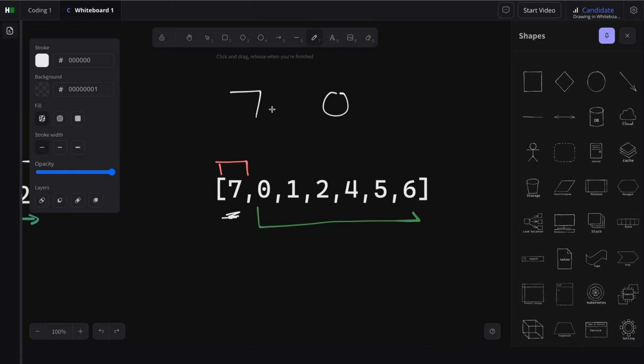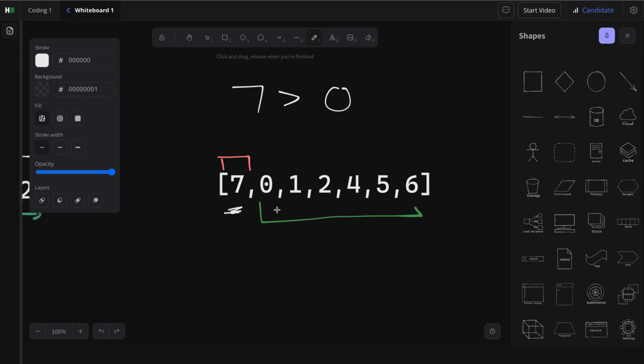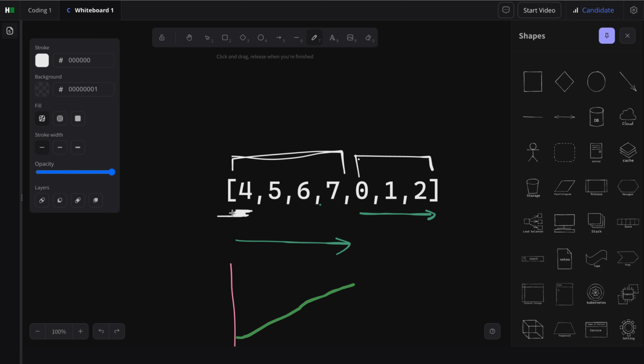Okay, is 7 greater than 0? Or maybe it should be the other way around. Maybe it should be 7 less than 0. Wait, hold on. This element here, this is false, and so it goes in the right.